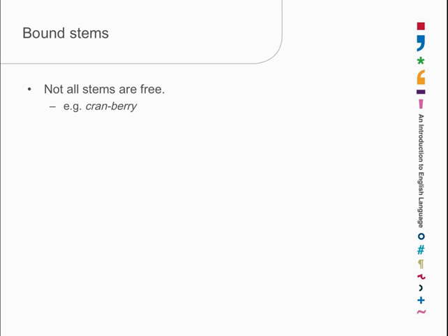What do we do with these cases? Presume, resume, subsume. Is the sume bit a bound stem and the pre and re and sub are prefixes? Well, there's a lot of interest in those.